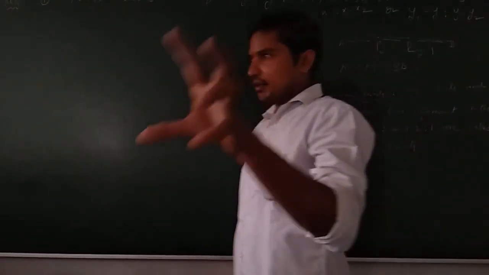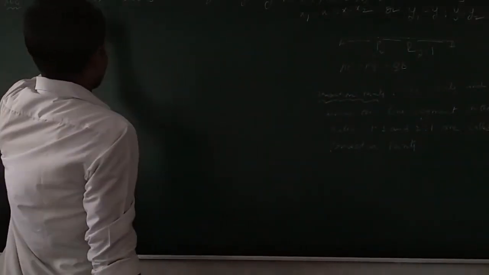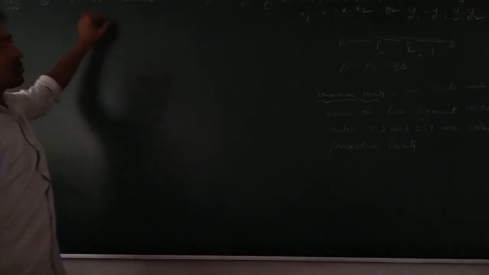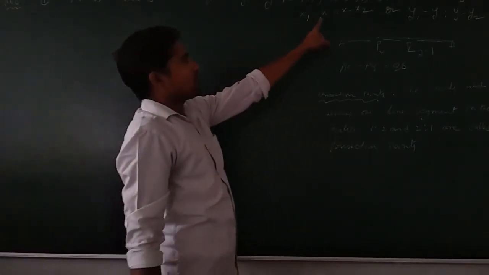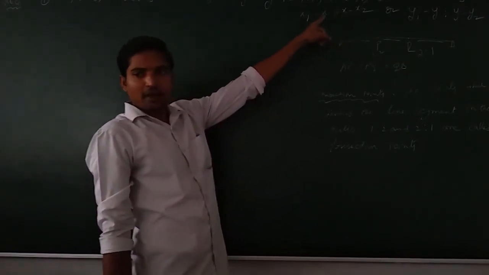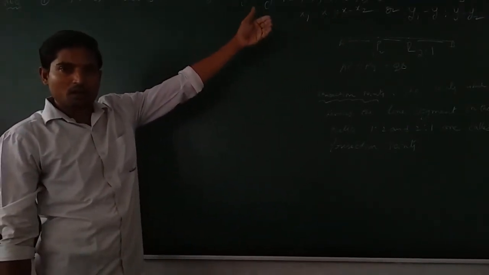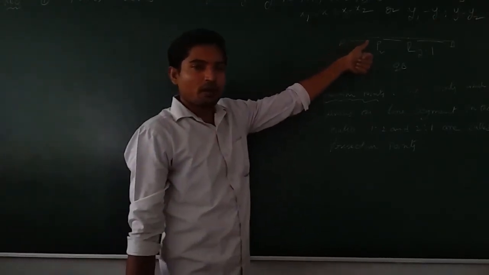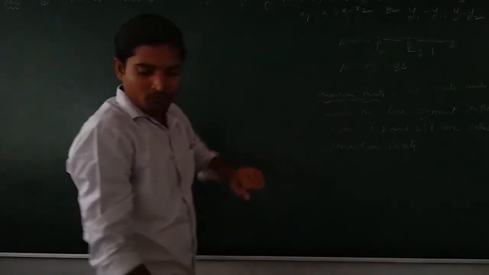(x, y) divides the line segment joining A(x1, y1) and B(x2, y2) in the ratio x1 minus x is to x minus x2, or y1 minus y is to y minus y2.